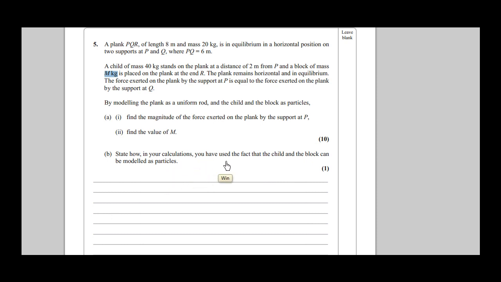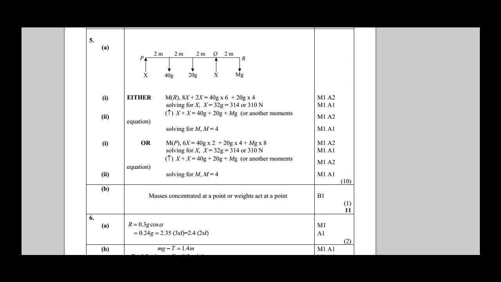And for that it's important to look at the wording. If you look here in the mark scheme, we can check that we got the right value for m, which is 4, and 32g, they call it x, I called it r, 32g, which is 314 newtons.